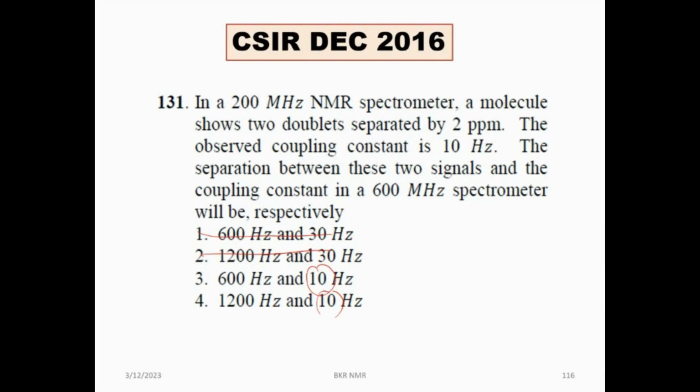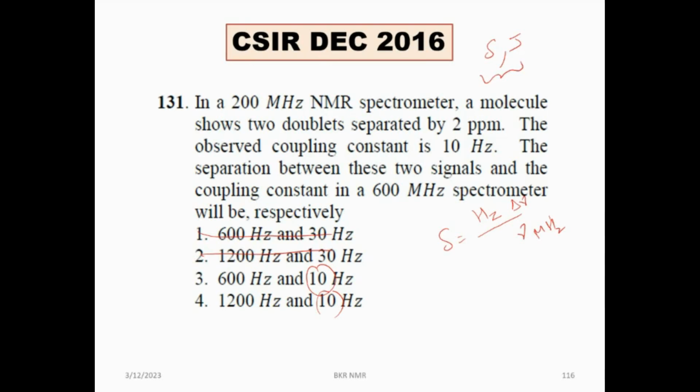Okay, nothing. We know that delta is equal to the separation in hertz, that is delta nu, divided by nu in megahertz. Right? So remember well: delta value and J value are independent of the operating frequency of the instrument.